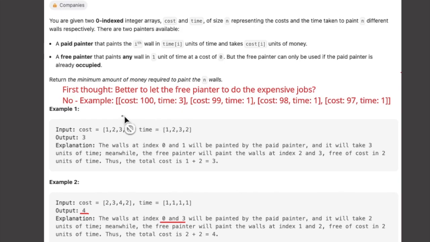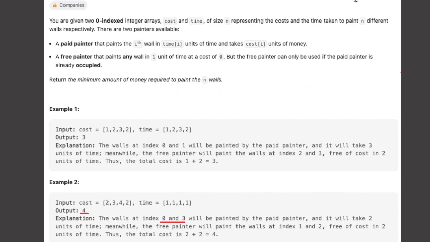So if you first pay the painter $100 and let him work for 3 units of time, then in that time, we can ask the free painter to paint the second, third, and fourth walls. So essentially, we just have to pay 100, which is less than what we do greedily here, which is 98 plus 97. So it seems like trying to optimize with the cost doesn't work.